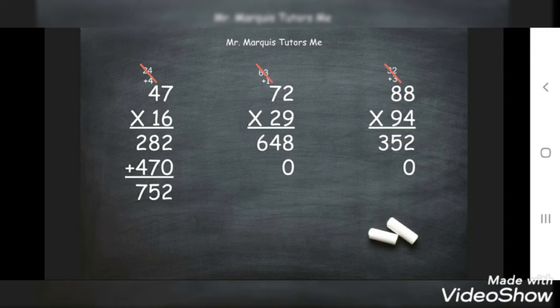But since we're in the tens place, we have to put 47 tens, which is 470. Same thing with the next one. We take the 2 times the 2, and that's a 4. You're not carrying anything. 2 times the 7 is 14. So I should have 1440. Now, what we really want to do is add it: 14 plus 6 is 20, 4 plus 4 is 8, and 8 plus 0 is 8.